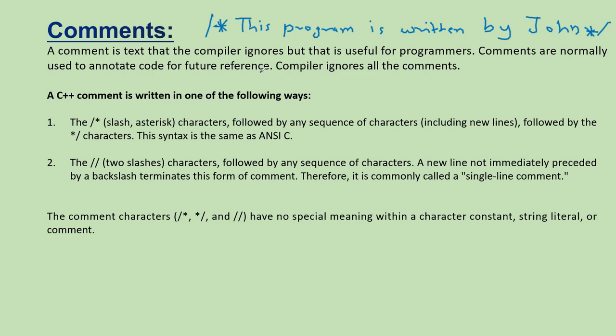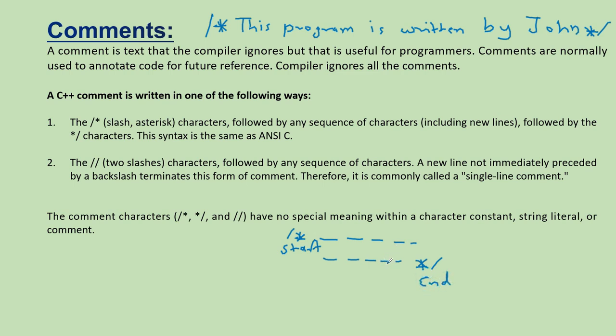This is known as a multi-line comment, because if we start a comment like this and start writing, wherever the star and slash comes, it will be treated as the end of the comment. This is the start of the comment, and this is the end of the comment.